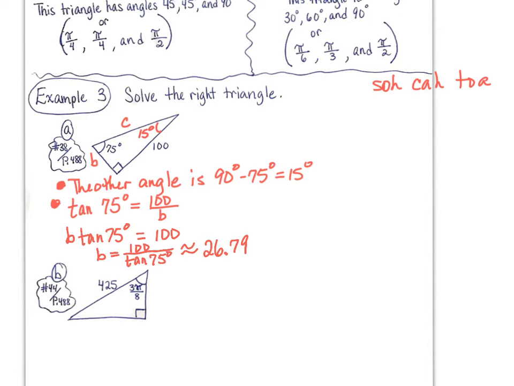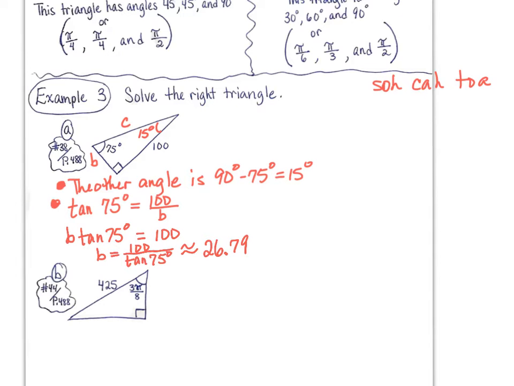So in degrees, you have 100 divided by tangent of 75 degrees is approximately 26.79. You could also get that by saying that that leg has length 100 times tangent of 75 degrees. 100 times tangent of 75 degrees will give you 26.79 as well. Okay?